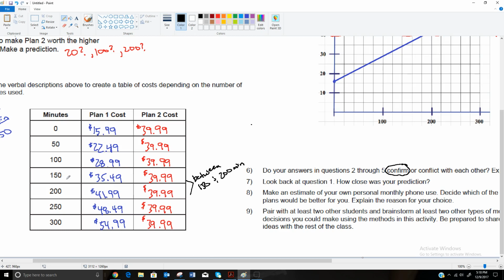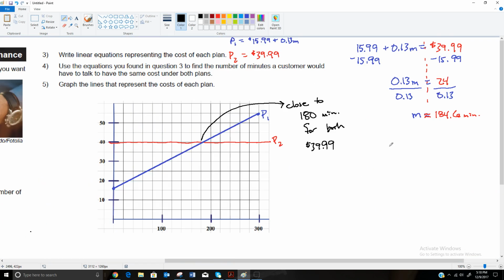And again, remember, if you talk more than 184 minutes, you should use the second plan, the $39.99. If you talk less than that, you should use plan 1 with the charges per minute. 184.6 minutes, remember, is like 3 hours and 4.6 minutes, since 180 minutes would be 3 hours.